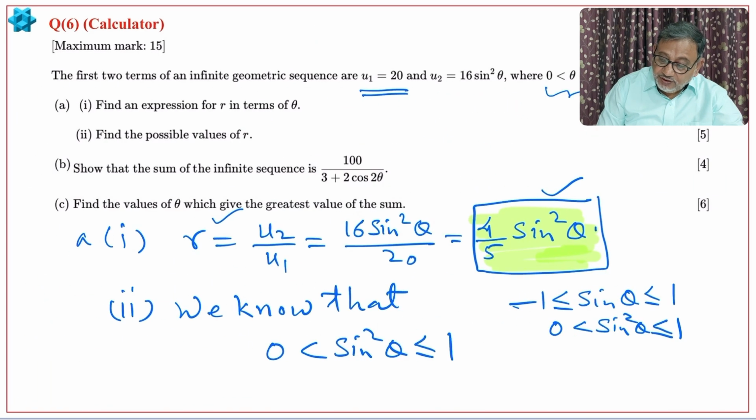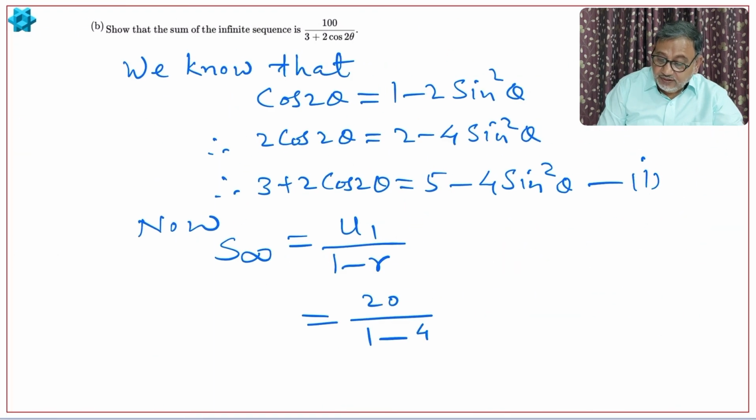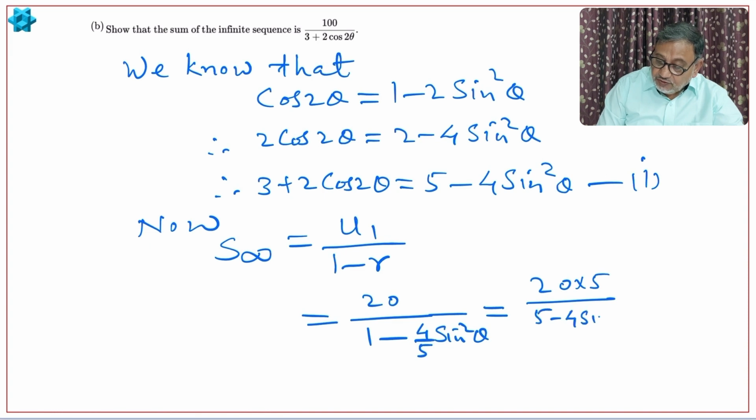We already found r here, 4 by 5 sine square theta. When you simplify it, 5 will be the LCM, that 5 will go up. So 5 minus 4 sine square theta. So it will be 100 over 5 minus 4 sine square theta.